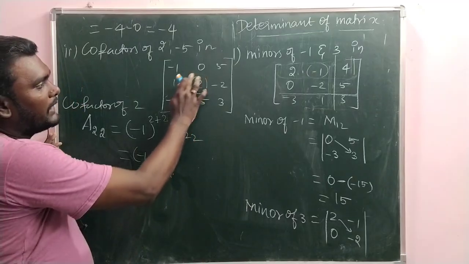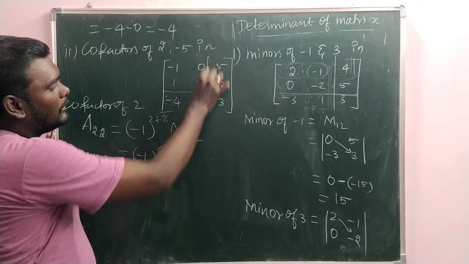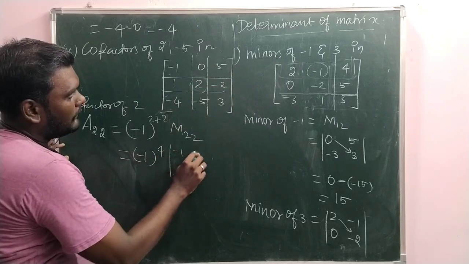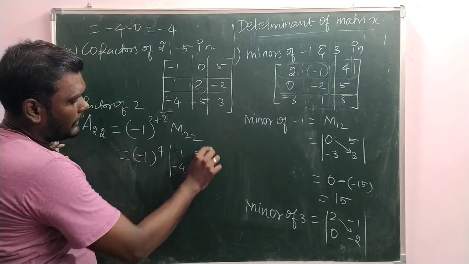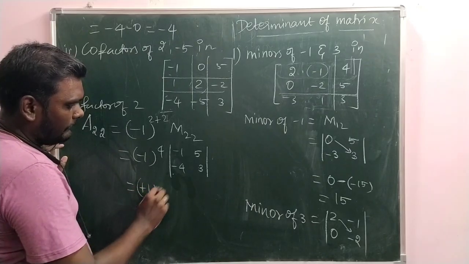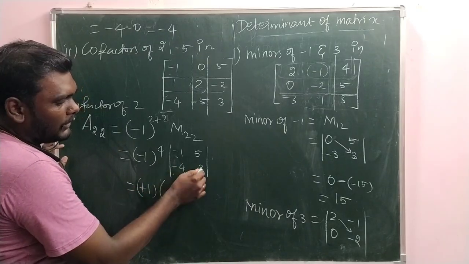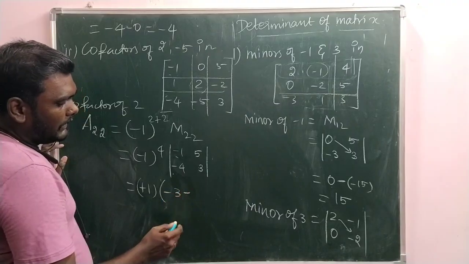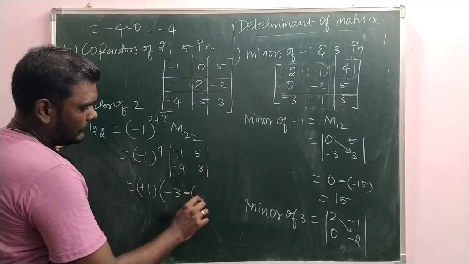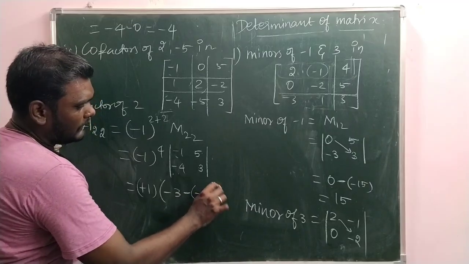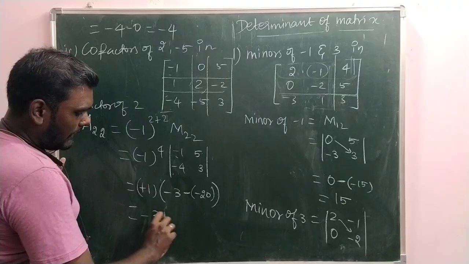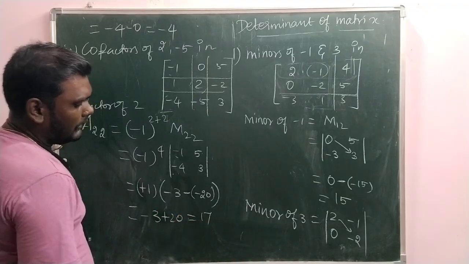What is M22? Minor of this element. Leaving this row and column, we'll be getting -1, 5, -4, 3. This is positive, so we'll put +1 into (-1 into 3 minus 5 into -4). We'll get -3 minus of -20, so minus of minus will become plus. -3 plus 20 will get 17.